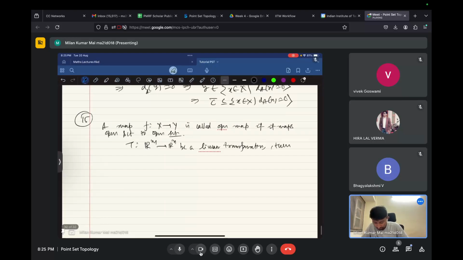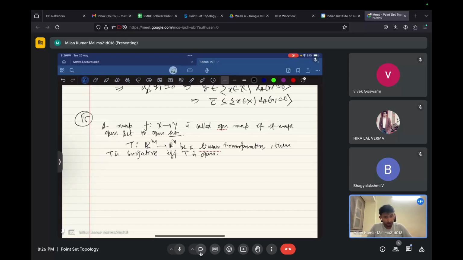Then T is surjective if and only if T is open. So the question is whether this statement is correct, true or false.